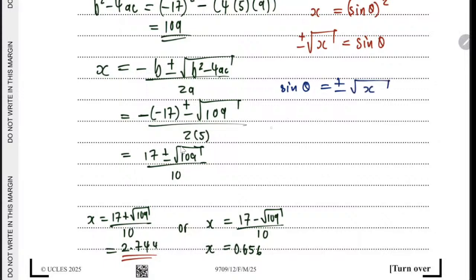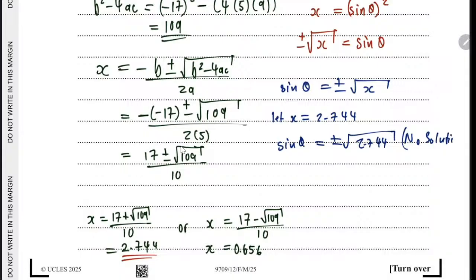We can say here, let x be 2.744, which means sine theta is equal to plus or minus root of 2.744. And this is no solution. You can put in where it said no solution. There is no such thing.